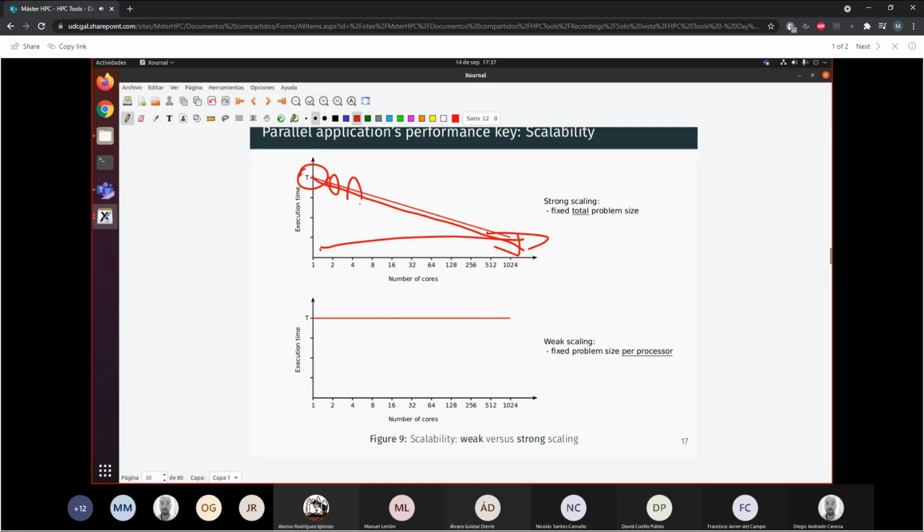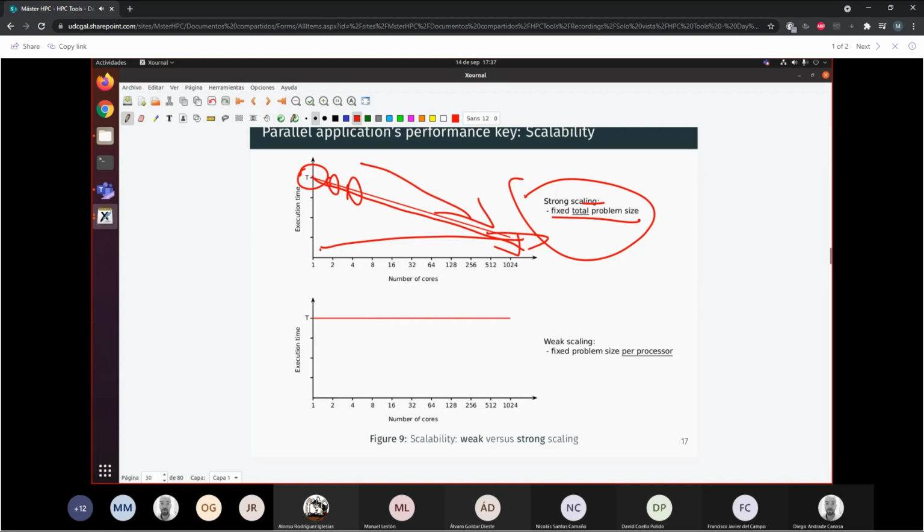However, this is the most obvious idea. However, there is a complementary test that you can do, and it's another way to represent it, and it's weak scaling. In weak scaling, what you do is that when you put 2 cores to collaborate, you double the problem size, okay? In order to try to maintain the execution time constant, okay?